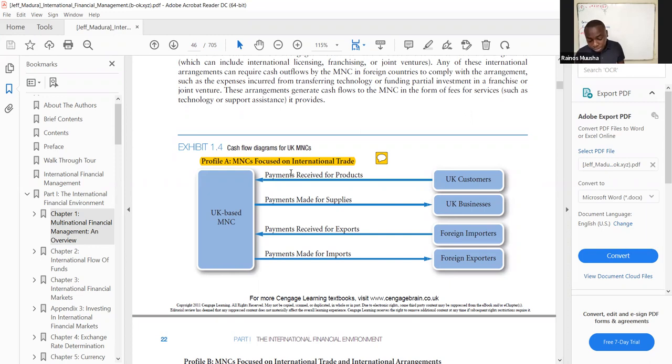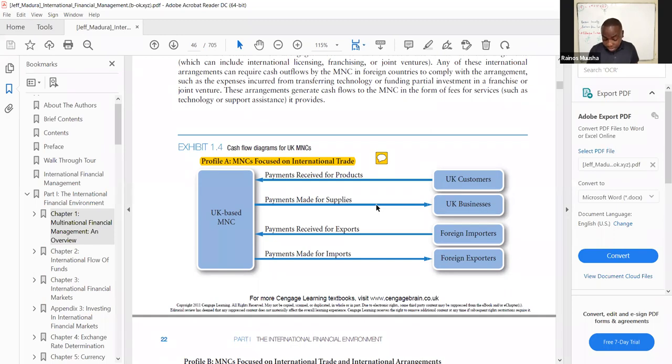In this case, they sell to their local customers, and the local customers make payments for the products. At the same time, for them to produce these goods and services, they also make payments to local suppliers within the UK as well.